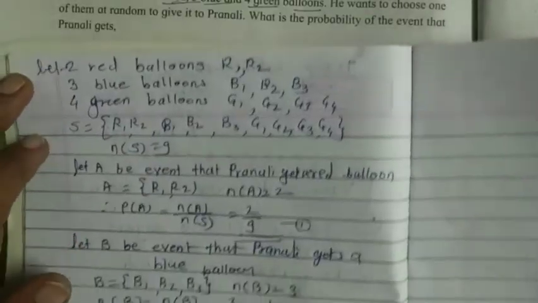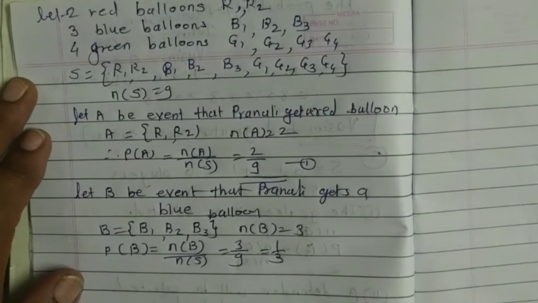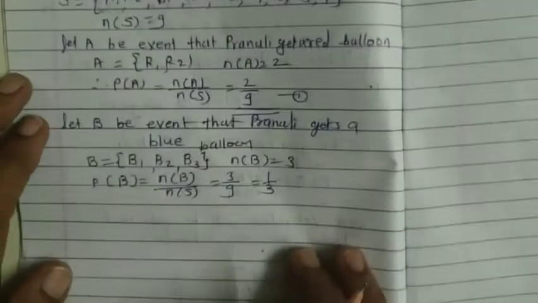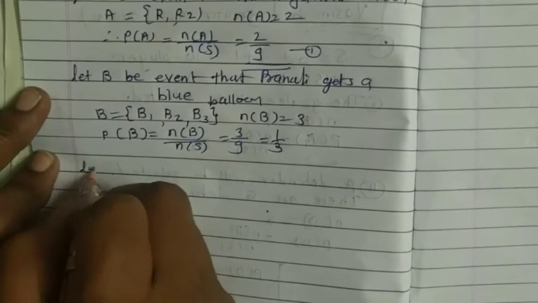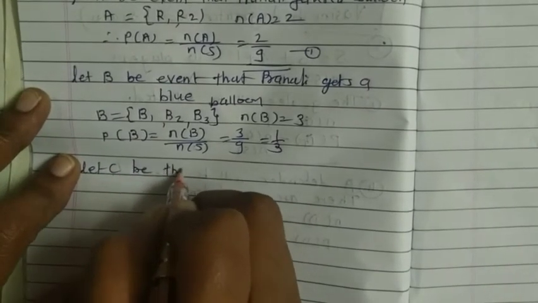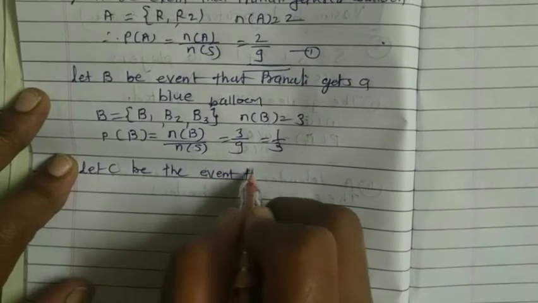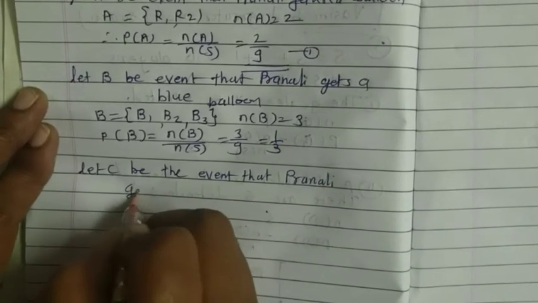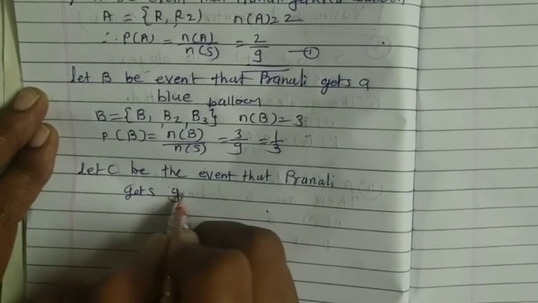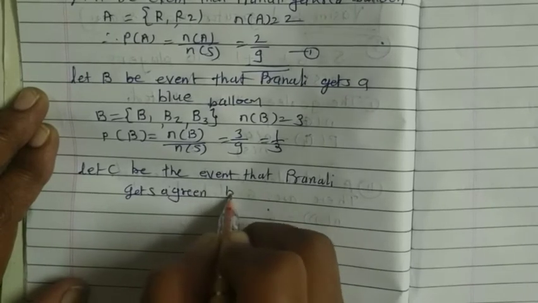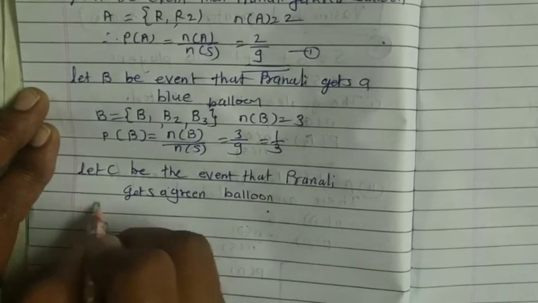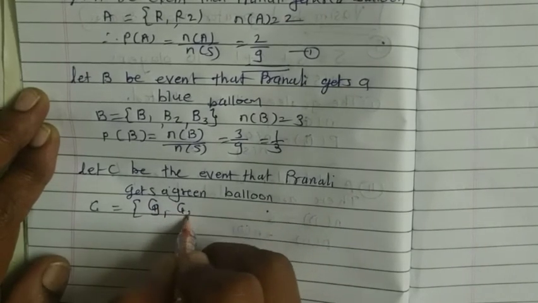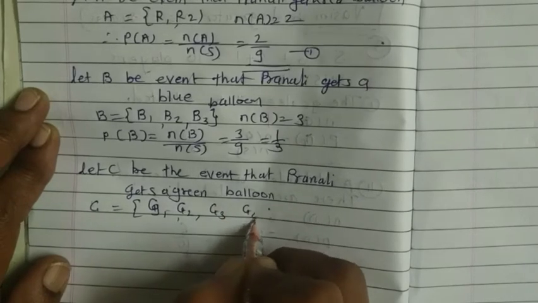And last one, a green balloon. Similarly, here we can write green balloons. Suppose let C be the event that Pranali gets a green balloon, and therefore there are 4 green balloons, means event C contains G1, G2, G3, G4.